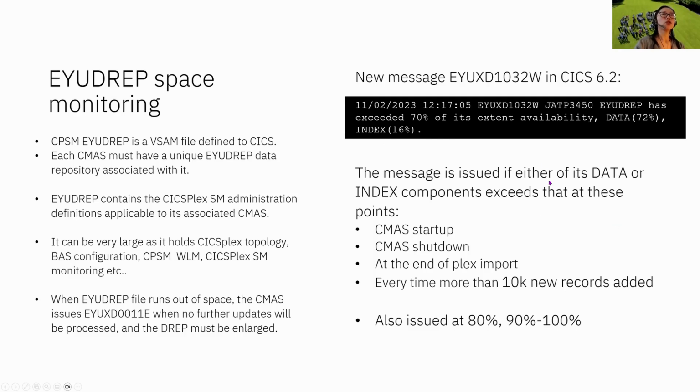It will be issued if either the index or data component exceeds those, and it's issued at CMAS startup, shutdown time, when you import a CICS, or when more than 10K new records are added. It will be issued at 70%, 80%, and 90 to 100% to give you a progressive view on this space monitoring.